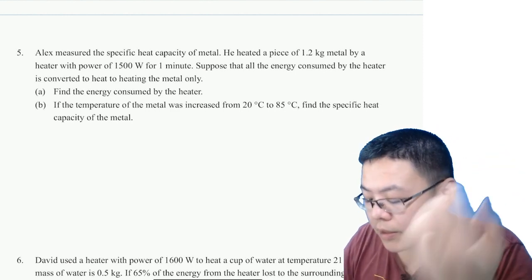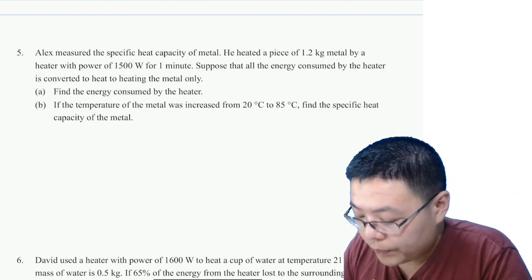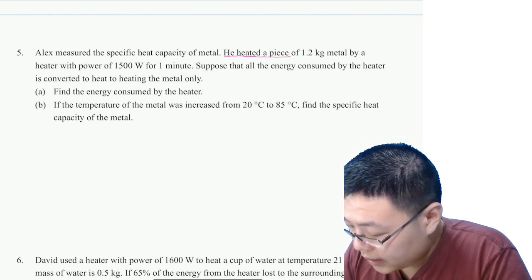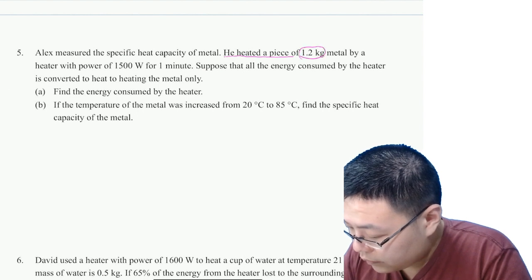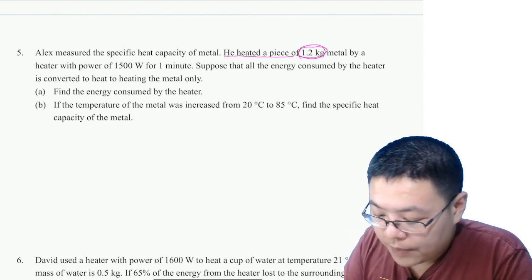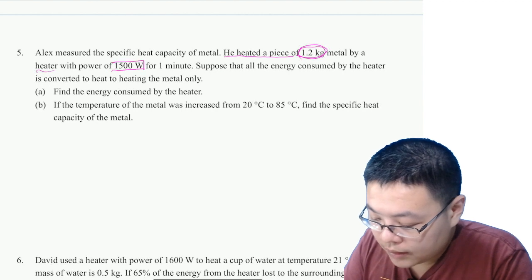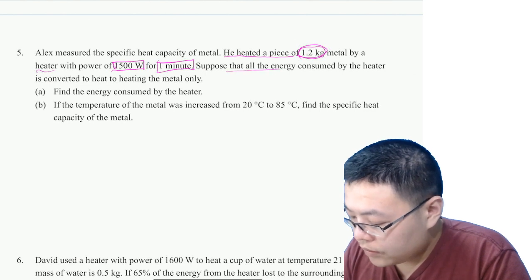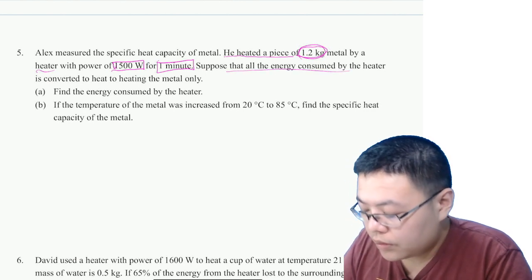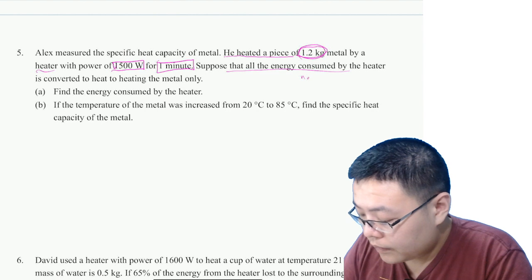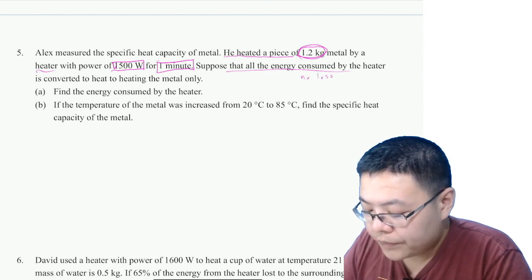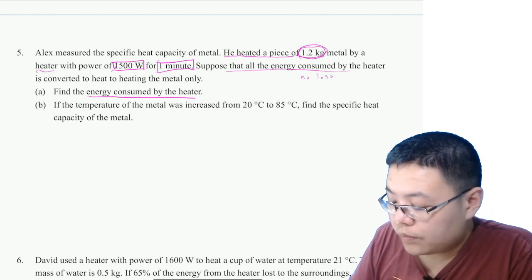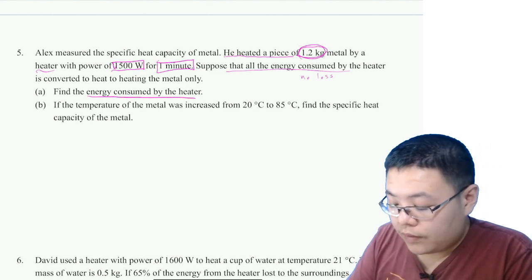Alex measured the specific heat capacity of a metal. In the process, he heats a piece of 1.2 kilogram by a heater with power 1500 for 1 minute. Suppose all energy consumed, so no energy loss. Assume. And now find the energy consumed by the heater. Okay, find the energy.